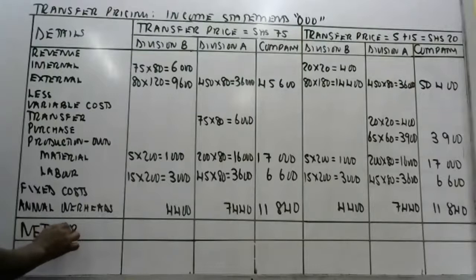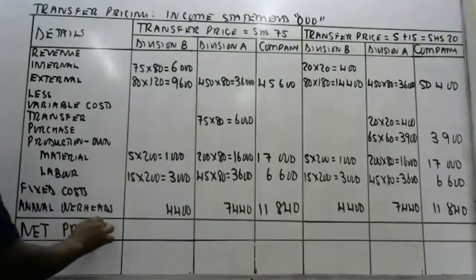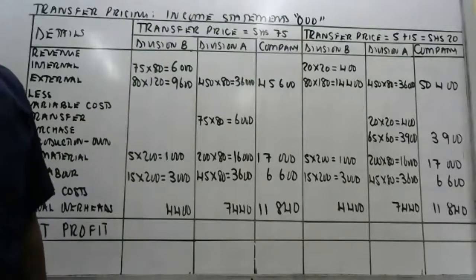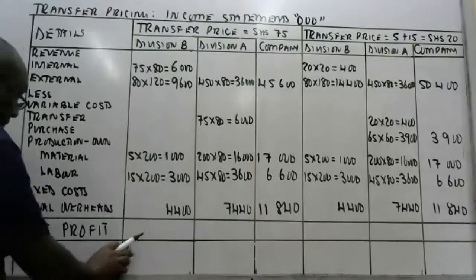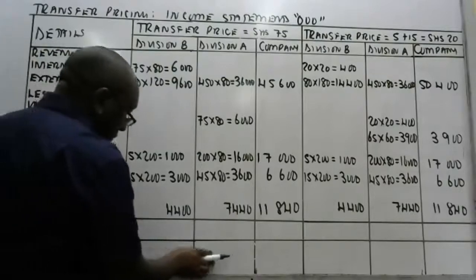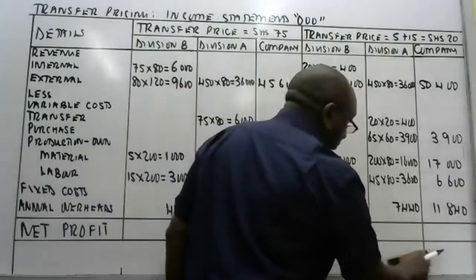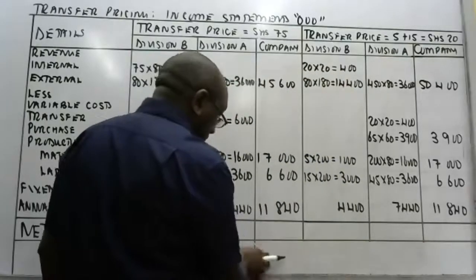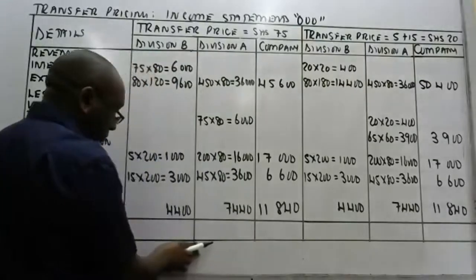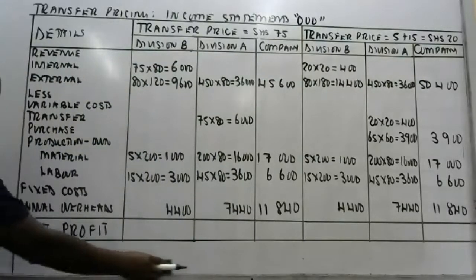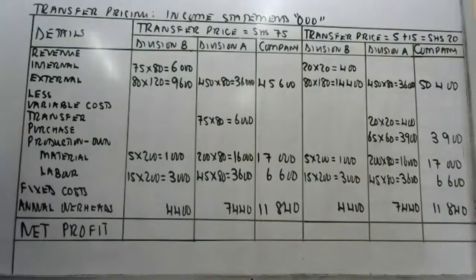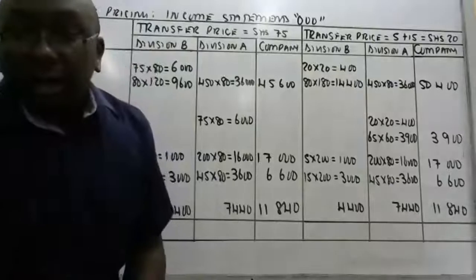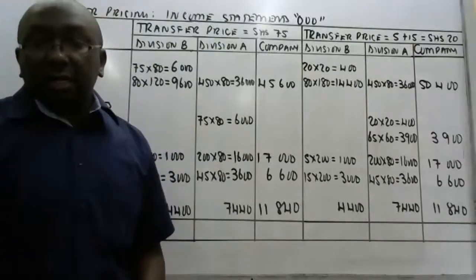Net profit. Nitumie hii ya division B. Let's start from there. Division B. Oh, is it?